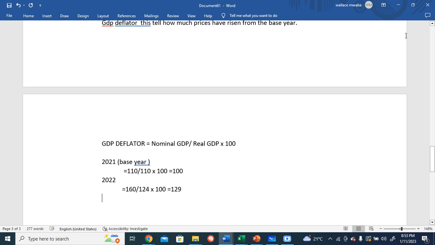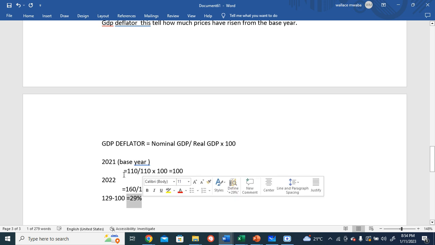To see the inflation rate, because the question asks us to determine whether it has increased or decreased, using base numbers we just subtract: 129 minus 100, and we get 29.